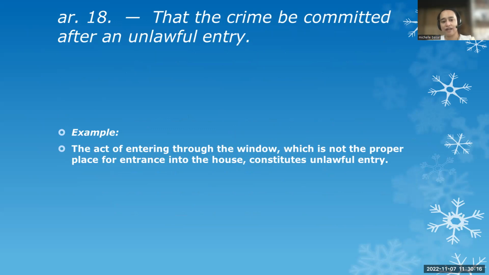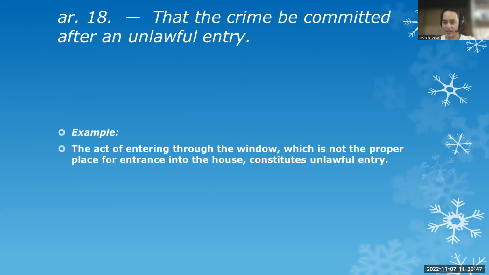This is very technical, very peculiar. Example, the act of entering through the window, which is not the proper place for the entrance into the house, constitutes an unlawful entry. No? So imagine, gumamit kahin, bintana pagsulod, balay. That's already an aggravating circumstance, no? Even the entrance in itself, kay diri man bintana, diri man hiya dapat susudlan, 'di ba?